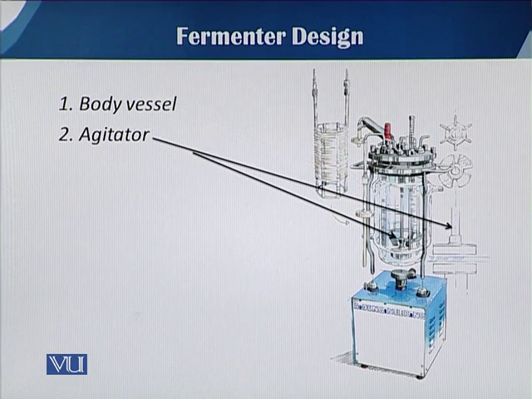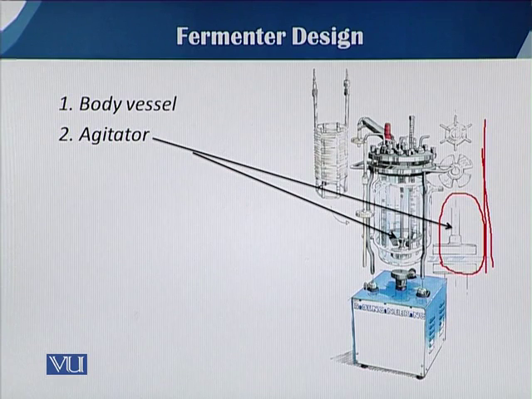The second is the agitator, the agitation system. In this diagram you can see that the agitator system is separate from the main body vessel, but inside you can see there is an agitator system. In a later slide, we will see what the parts of the agitator system are.